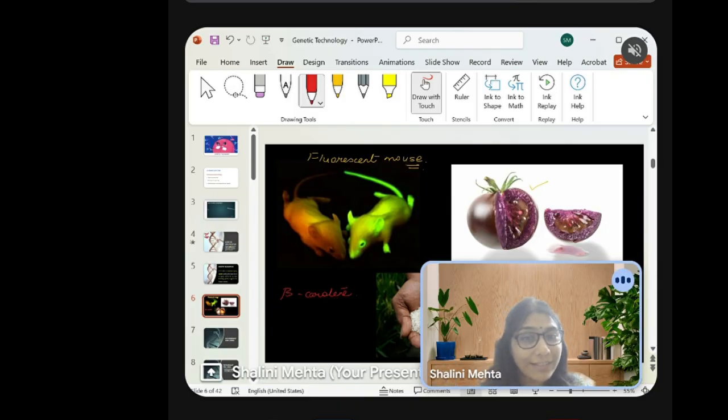I have taken this beta carotene gene and put it into the rice genome, making the rice change to a golden or yellow color. This is useful in areas where there is vitamin A deficiency, because beta carotene is a precursor for vitamin A. Is that clear? No doubts, anyone?